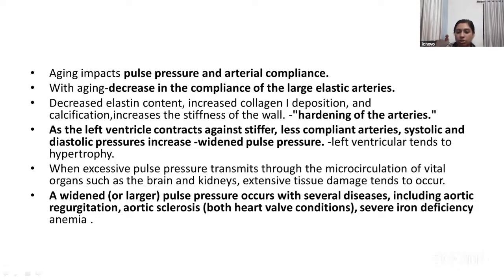A widened or larger pulse pressure occurs in several diseases like aortic regurgitation, aortic sclerosis, which is a hardening of the arteries, and severe iron deficiency anemia also. Because of the reduced blood viscosity, the ventricle has to pump more. That's the reason for this widening of pulse pressure in iron deficiency anemia.